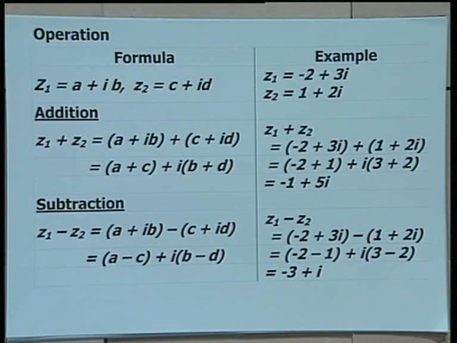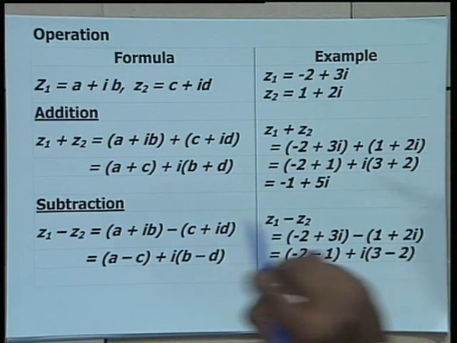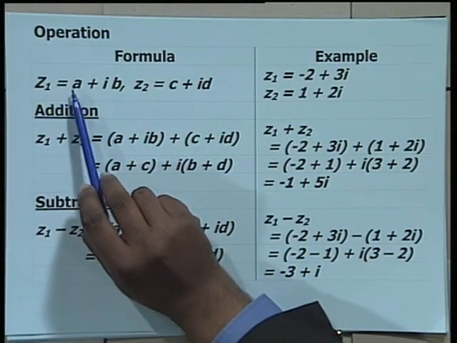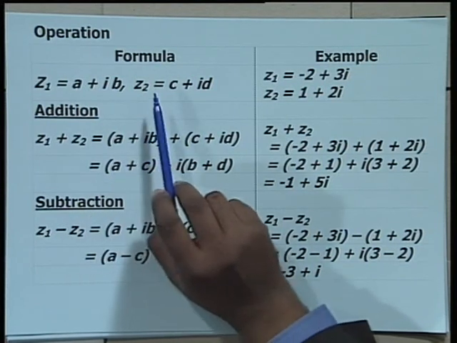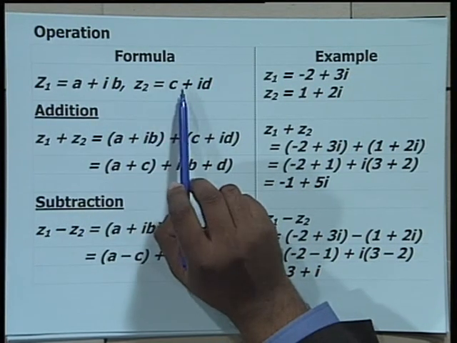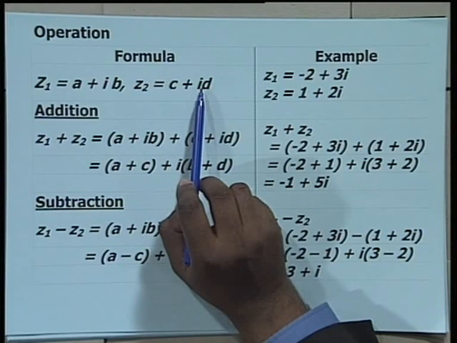Complex numbers can also be added, multiplied and divided. Let's see how to add two complex numbers. Suppose that we have complex number z1, which is a plus ib, and complex number z2, which is c plus id.